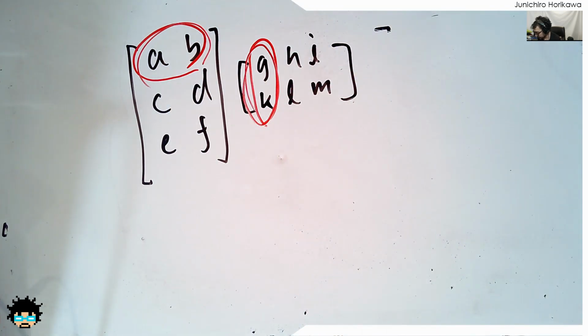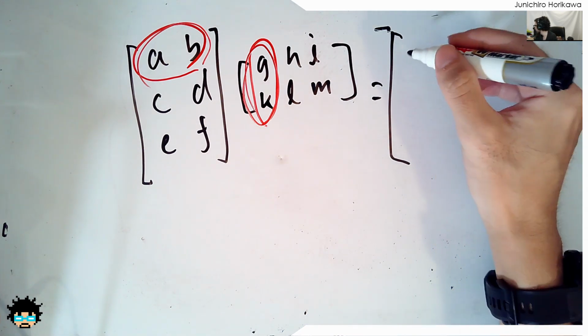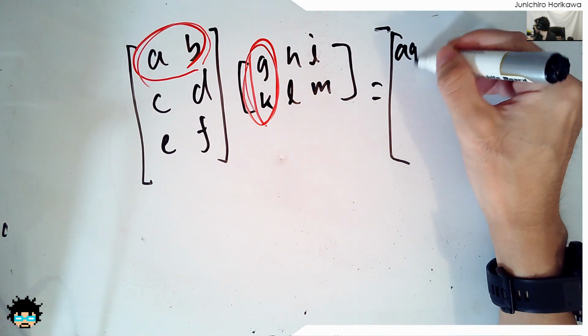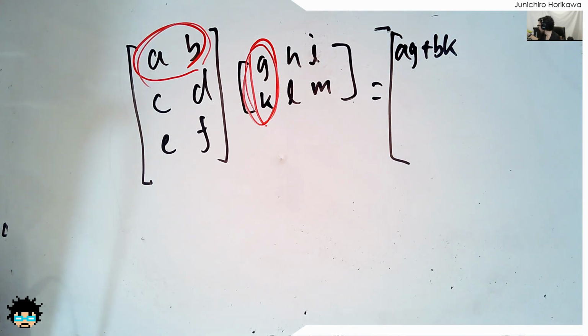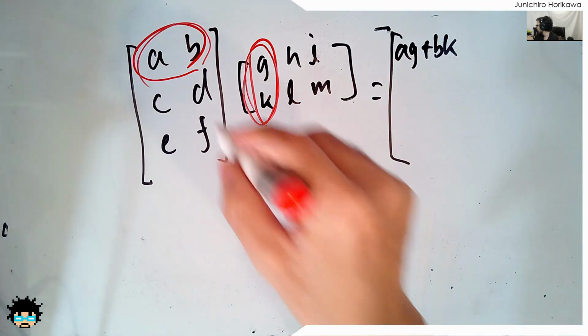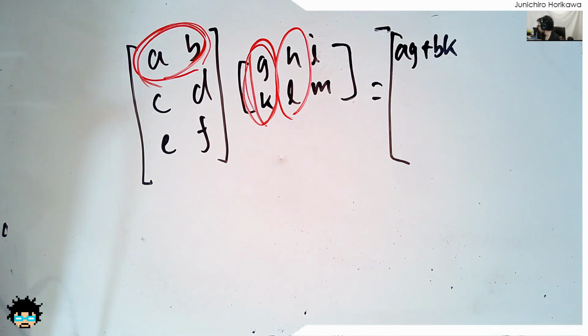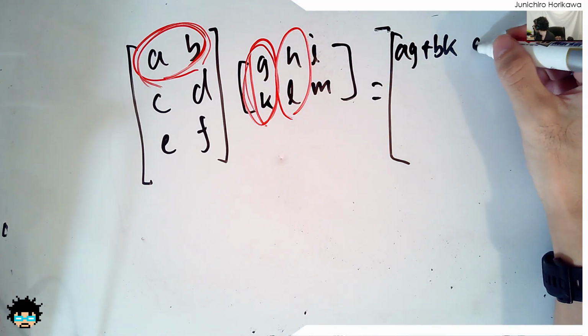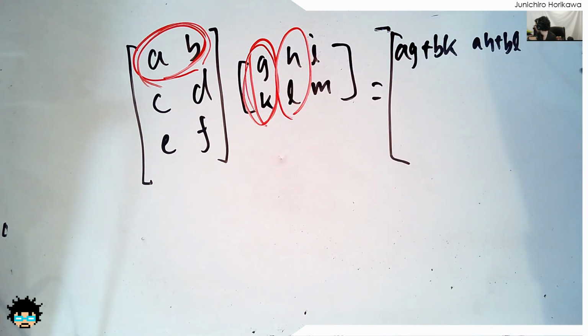Okay. So as a result, what we get is AG plus BK for the first item, and for the second item it's going to be AH plus BL, and for the third one, AI plus BM.